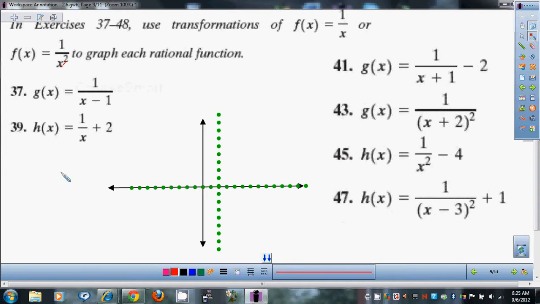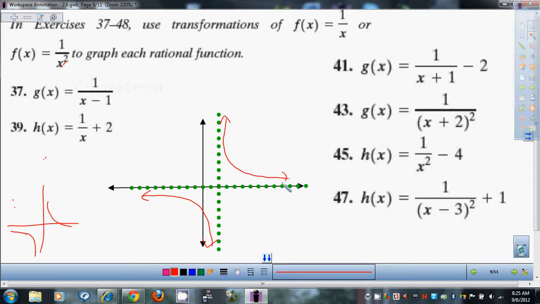The parent was 1 over x, which was like this. That was the 1 over x. Granted, it wasn't supposed to cross. So ours would look like this. You can just sketch them. And you notice that's the exact same thing as the parent, just shifted right 1.